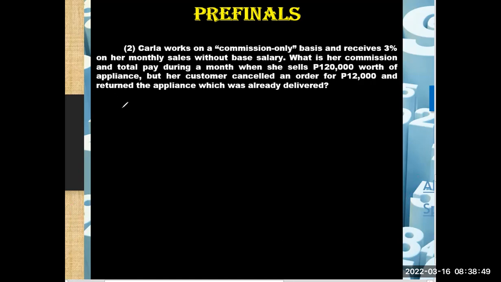but her customer canceled an order for 12,000 pesos and returned the appliance which was already delivered. Okay. So we have to subtract ito, yung 12,000 pesos. Kasi returned eh. Naisoli yung appliance. Therefore, hindi mo pwedeng idagdag yung 12,000. So, ibabawas natin yan kasi canceled eh. Na-cancel yung order na to by a certain customer.